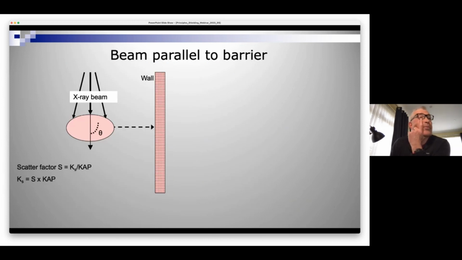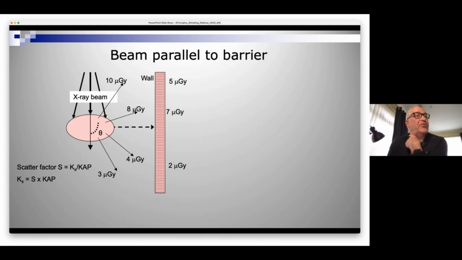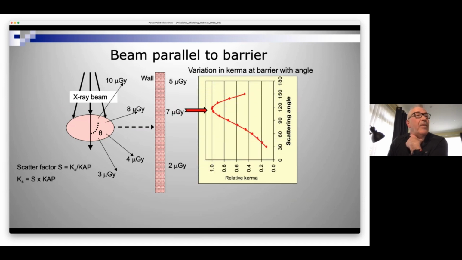But if you think a bit more, and if we have an X-ray beam incident on a patient parallel to a wall here, we find that we've got most X-rays going back towards the tube, and fewer X-rays, or lower fluence, towards the patient. If we account for the inverse square law, we can see that there's a point at which there's going to be a maximum.